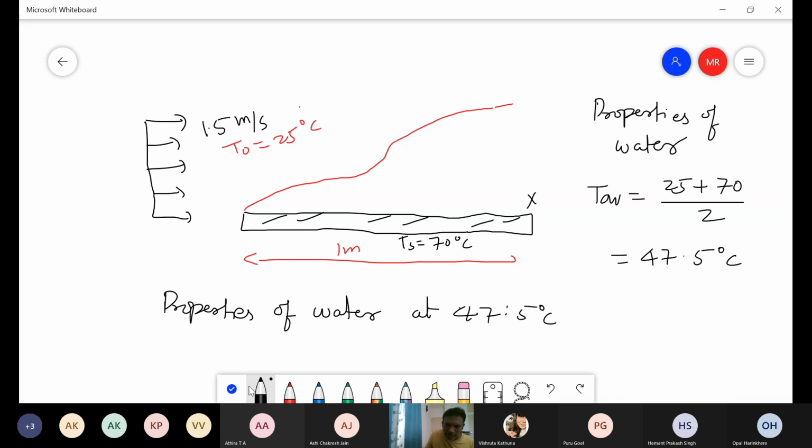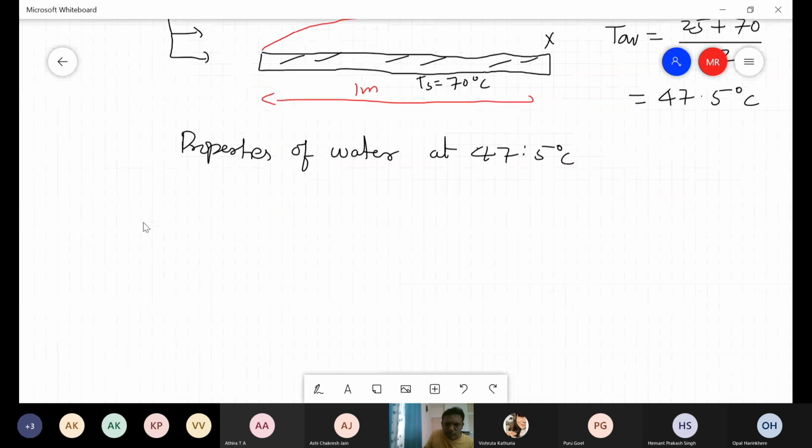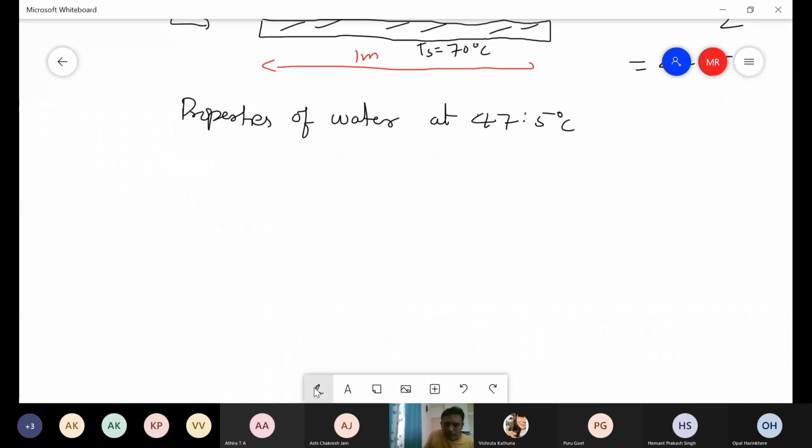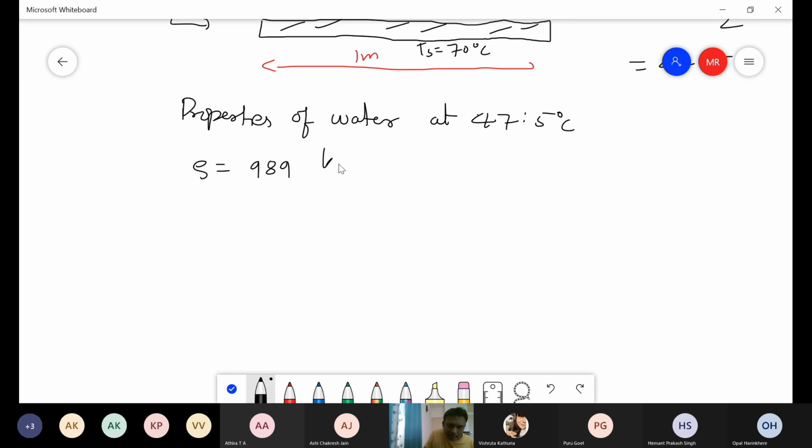47.5 degrees Celsius are given as, I will just quickly write down. This is from the tables given at the back side of the book. So rho is 989 kg per meter cube. That is what you are expected to get.